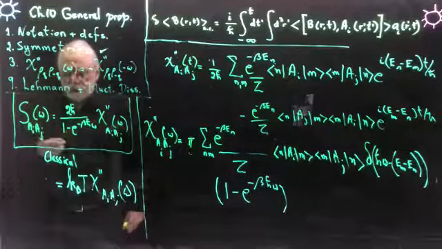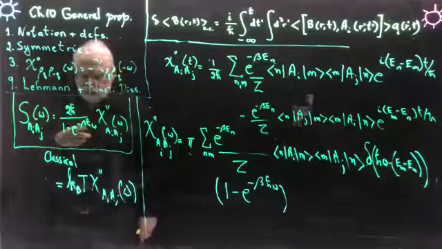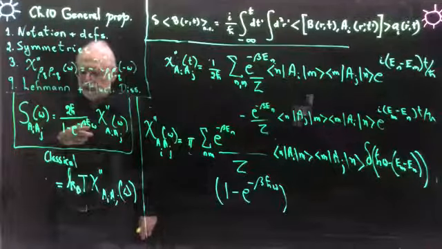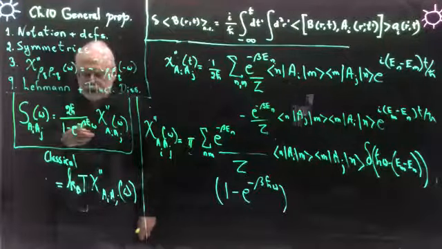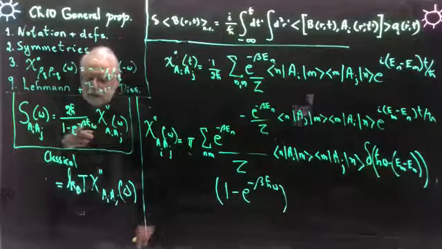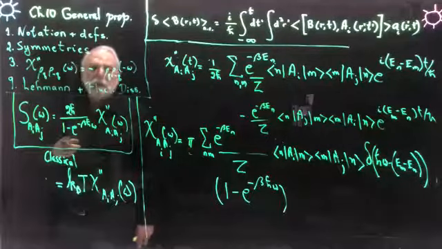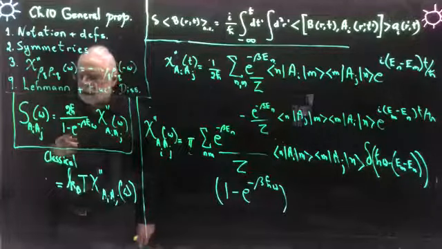So you see that, for example, if we go to 0 temperature, so beta goes to infinity, then at positive frequency this becomes 0.